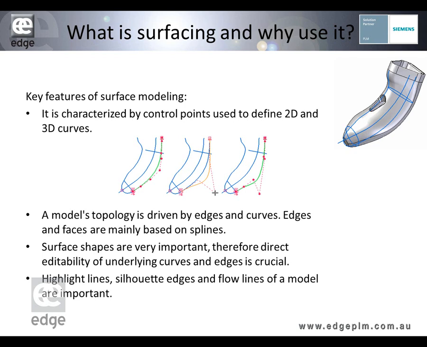You can see in the illustration there we've got some curves with a control polygon with the red dots on it, and that's being manipulated to alter the shape of that curve. The curves are used to drive the topology, which is the overall shape and characteristic of the model. You create faces from the edges, and the edges and faces in general are based on spline curves, and we'll look at what that means in a moment.